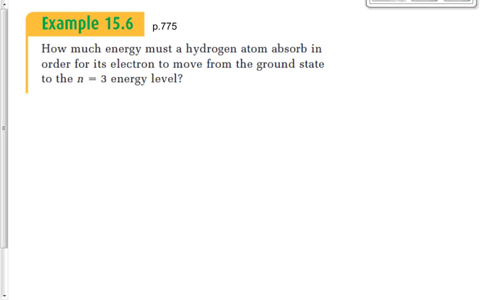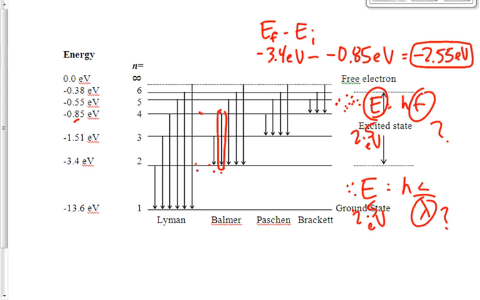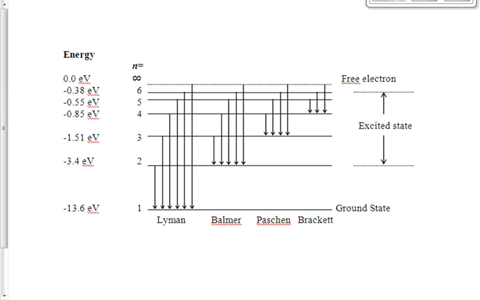And finally, one more question that appears in your textbook on page 775. How much energy must a hydrogen atom absorb in order for its electron to move from the ground state to the third level? From the ground state to the third level. Okay, that would be the second line of the Lyman series, except it's absorption instead of emission.